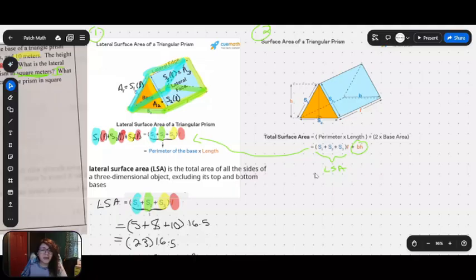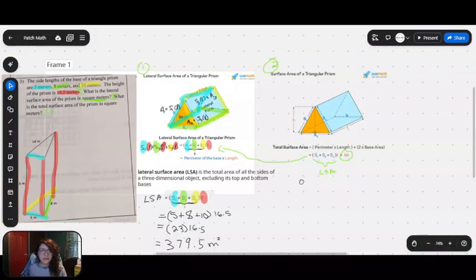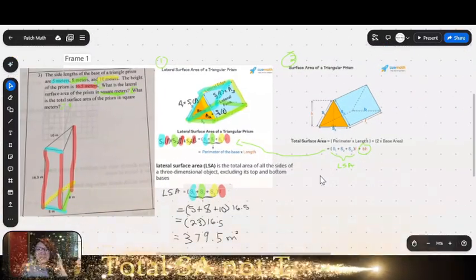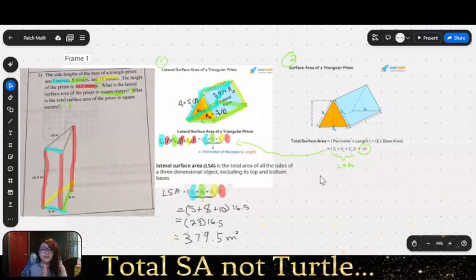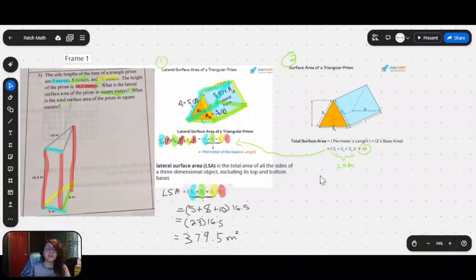However, if you've not been given height, we have a different formula for calculating the area of a triangle. And due to the difficulty of that formula, I am going to go ahead and put it in a separate video. So if you would like to learn how to do the second part of this problem, the total surface area of a triangular prism, which is not right, that's super important.